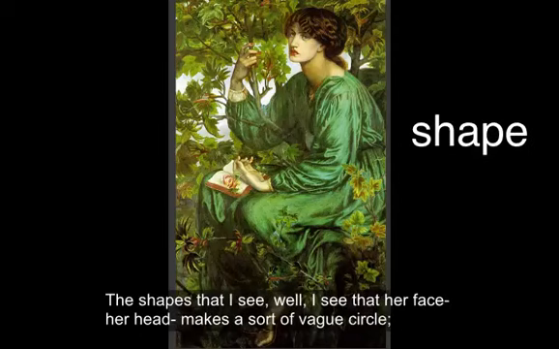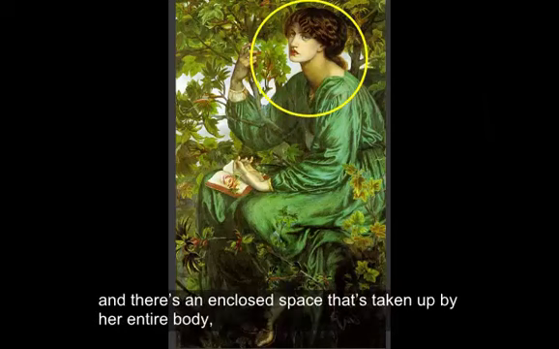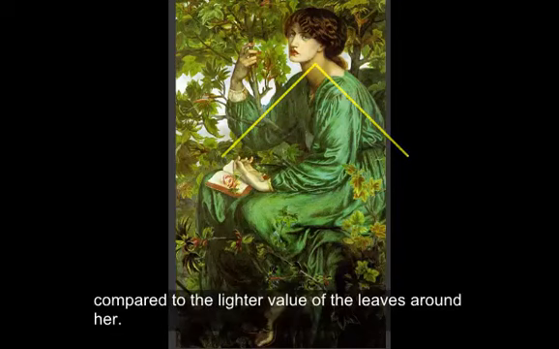The shapes that I see, well, I see her face, her head makes a sort of vague circle, and there's an enclosed space that is taken up by her entire body. And that's easy to see because of the value of the darker green of her dress compared to the lighter value of the leaves around her.